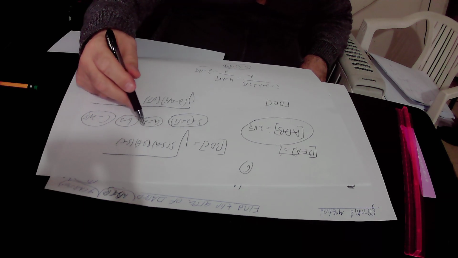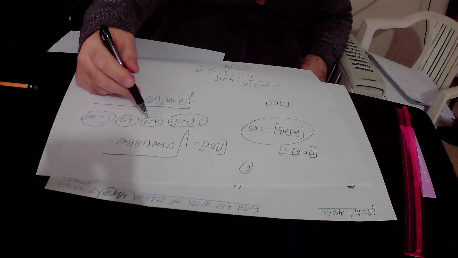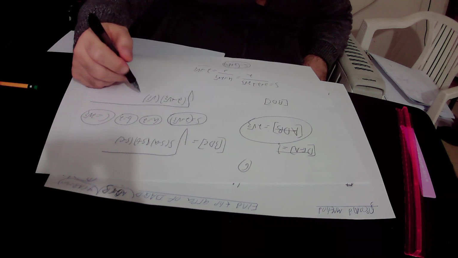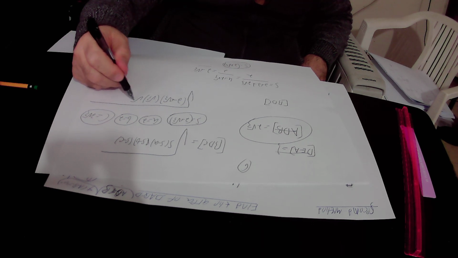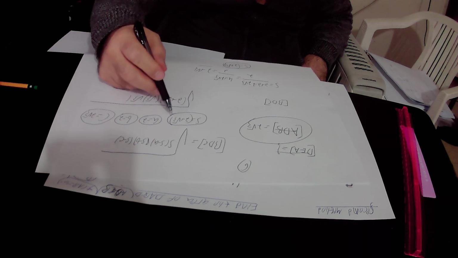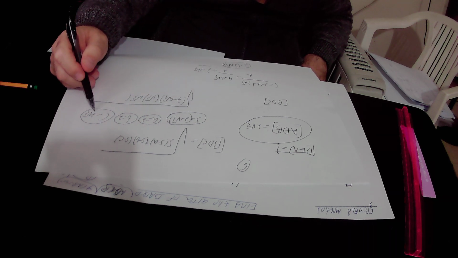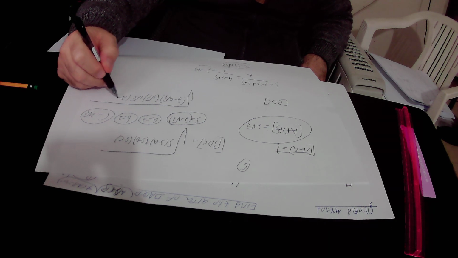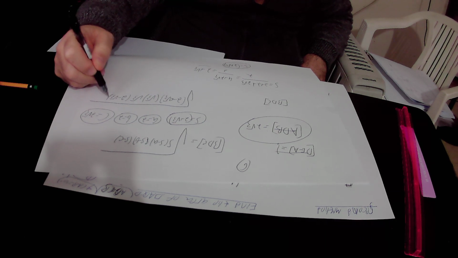S minus B is the same result because A equals B, so it also will be equal to square root of 3 units. And S minus C is 2 plus square root of 3 minus 2 times square root of 3, that is actually 2 minus square root of 3.